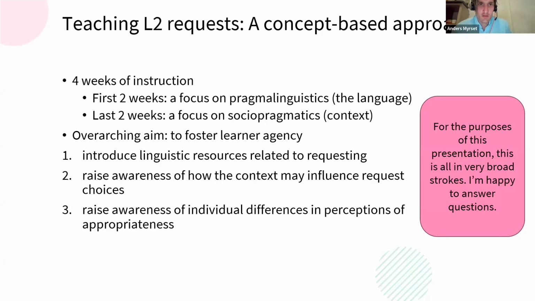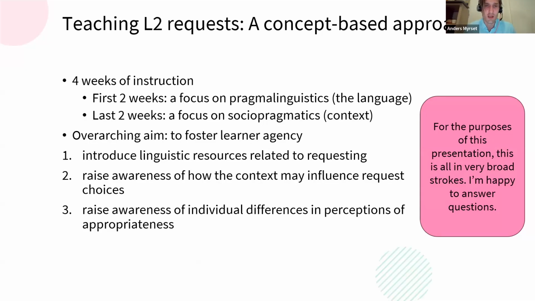So moving to the instructional approach, and I will do very broad strokes here, so I'm happy to answer questions about this afterwards. Like I said, it was 4 weeks of instruction, where the first 2 weeks focused on pragmalinguistics. Here are those terms again. And the last 2 weeks focused on socio-pragmatics.